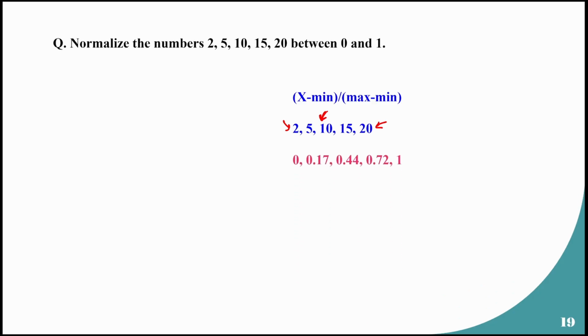If you do the calculation for 10, it will be 10 minus 2, so 8, divided by max minus min, right? Max minus min is 20 minus 2, 18. So 8 by 18.